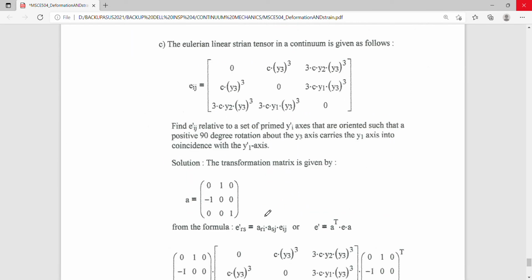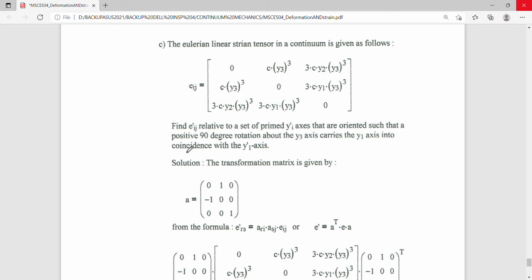So for letter C, we are given the Eulerian linear strain tensor in a continuum as follows. Your Eulerian strain definition E_ij is given by this.